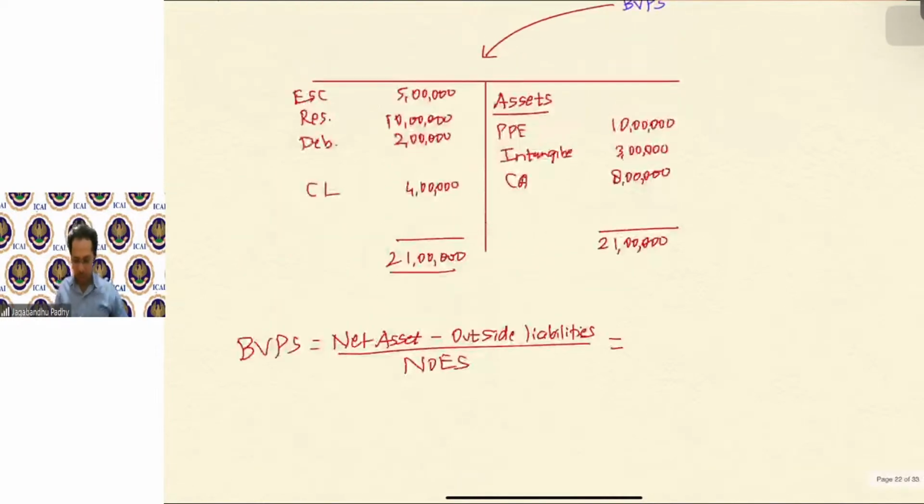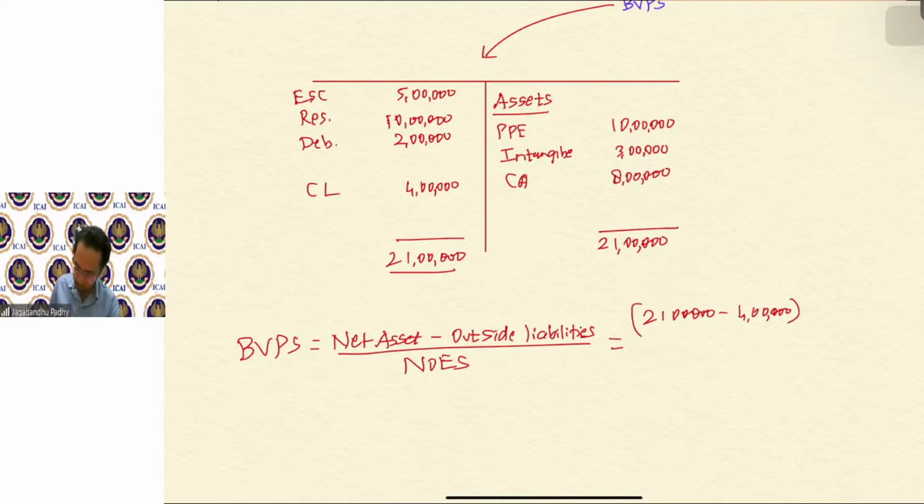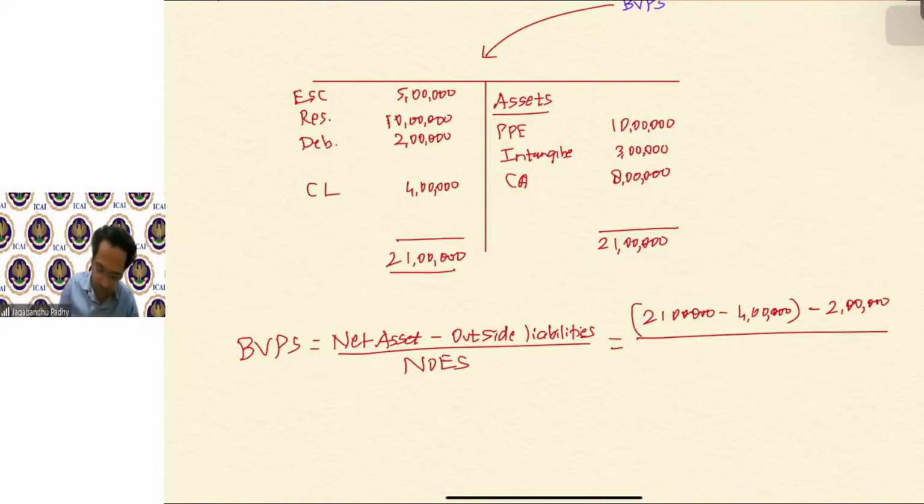So for example, in this case, net assets is basically 21 lakh minus 4 lakh, that is the net assets, minus outside liabilities of 2 lakh, divided by the number of equity shares. Let us say these equity shares have a face value of 10 rupees.